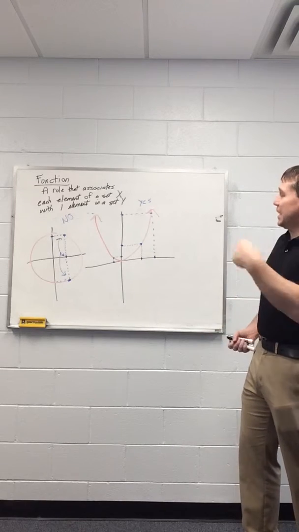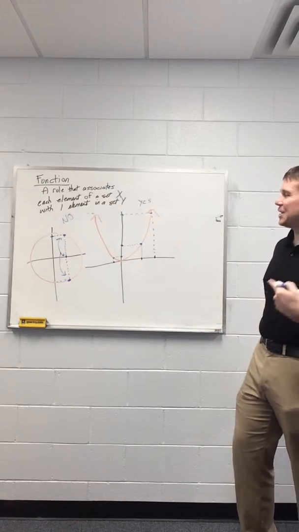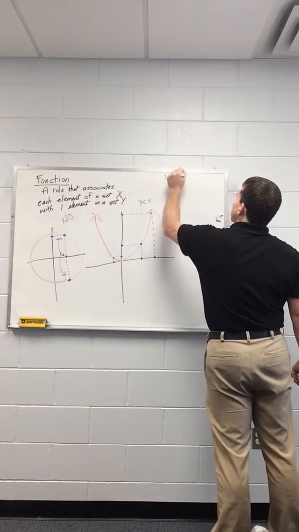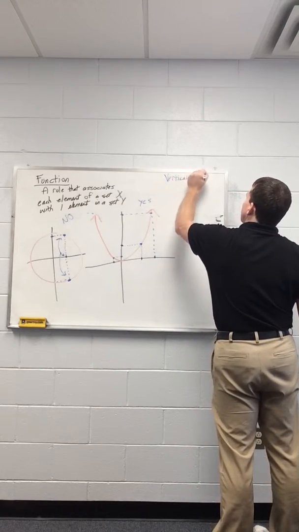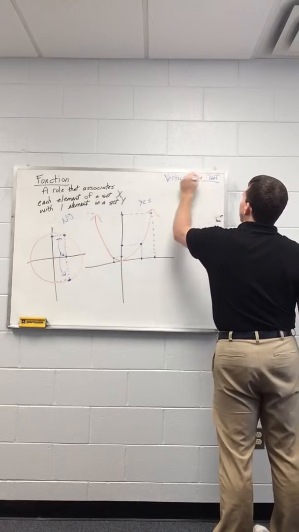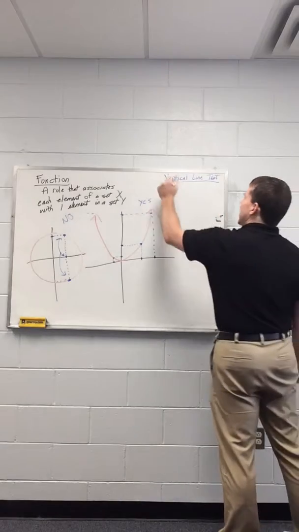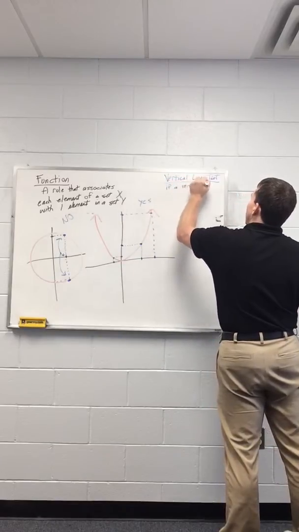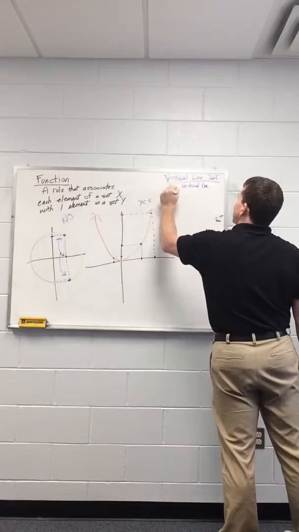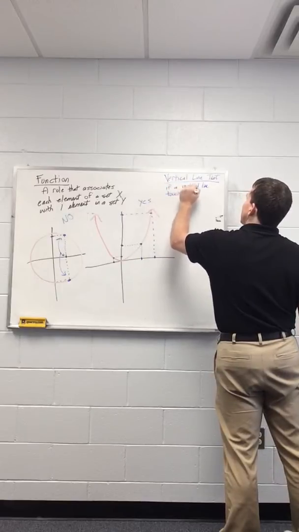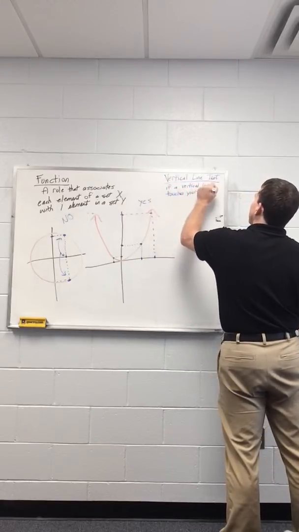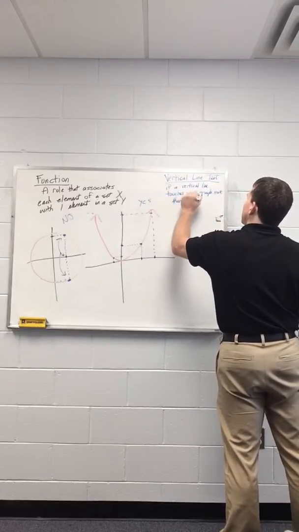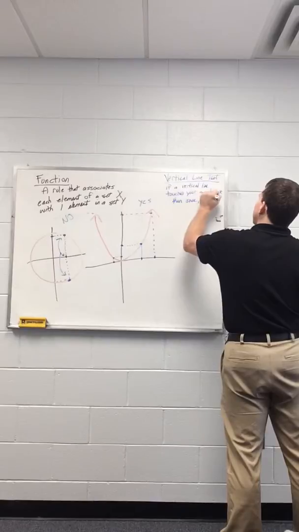As far as it goes, this leads us to a trick that we can actually use to determine if something is a function. It's called the vertical line test. And the idea is, if a vertical line touches your graph more than once, it's not a function.